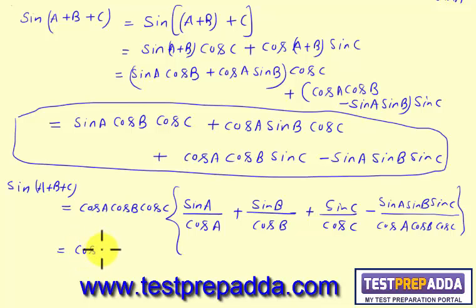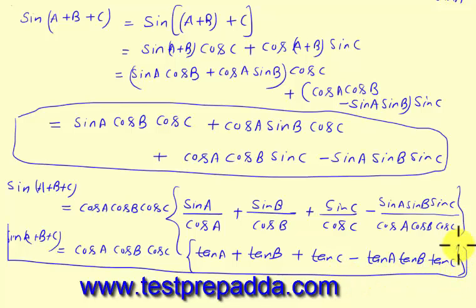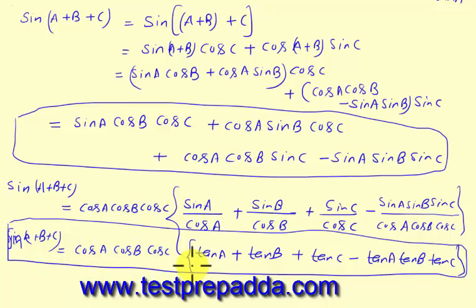Now it becomes cos A cos B cos C, and inside it becomes tan A plus tan B plus tan C minus tan A tan B tan C. So sin(A + B + C) is coming as cos A cos B cos C times the bracket tan A plus tan B plus tan C minus tan A tan B tan C. Got it?